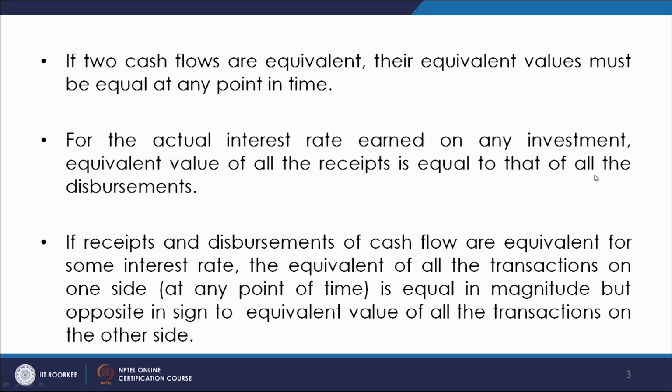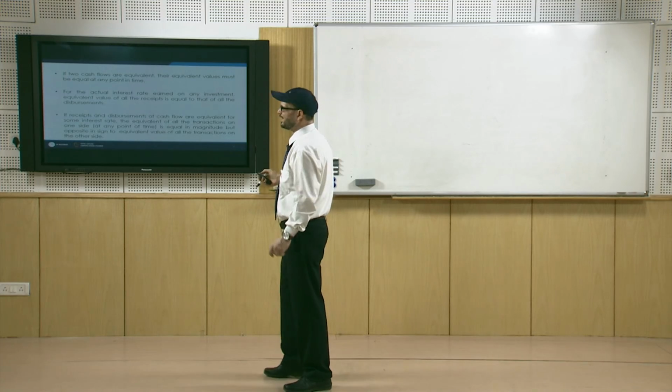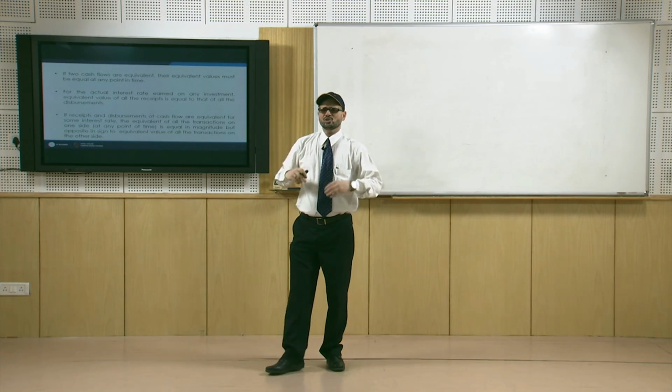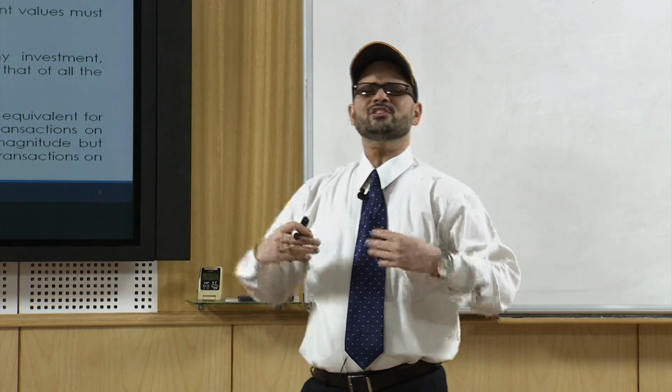For the actual rate of interest earned on an investment, the equivalent value of all the receipts is equal to that of all the disbursements. This is understood by an example. In an investment cash flow, you will have receipts as well as disbursements.